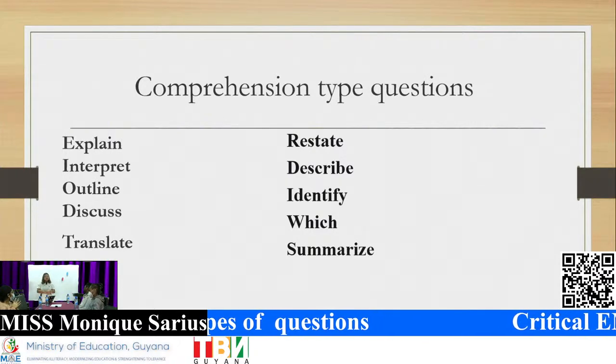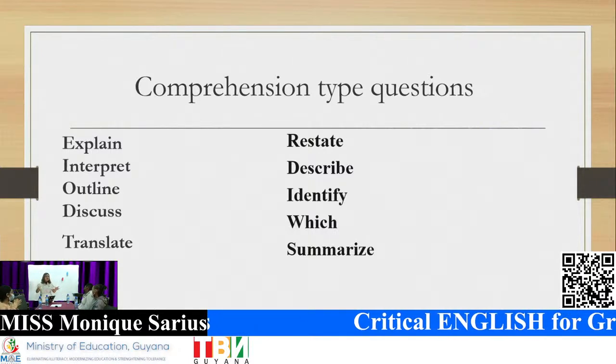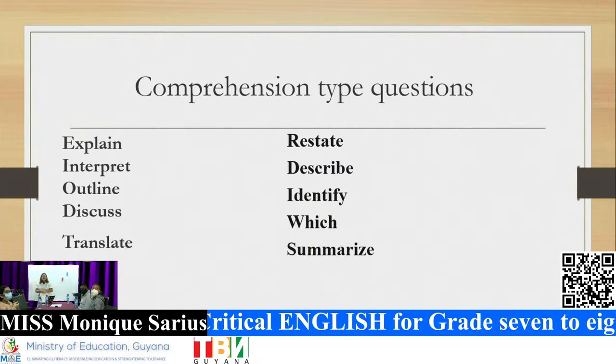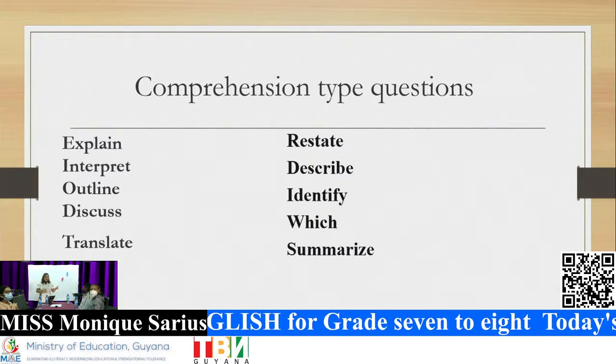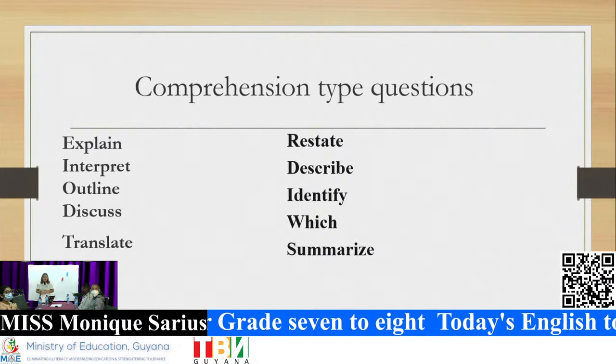Yeah. If I ask you to explain what a journey on a plane is like, you get the information from the text, but you have to put it in such a way that it answers the question. So comprehension questions are basically going a little bit deeper. It's using the ideas from the passage, yes, but you have to add your own interpretation to it.